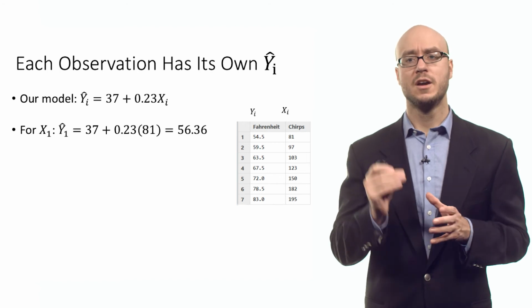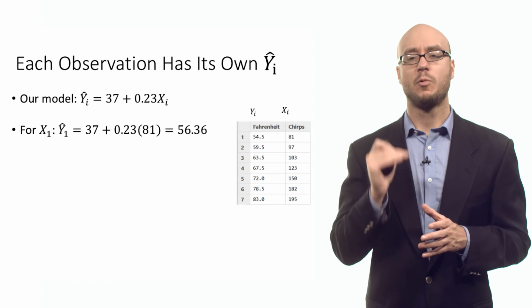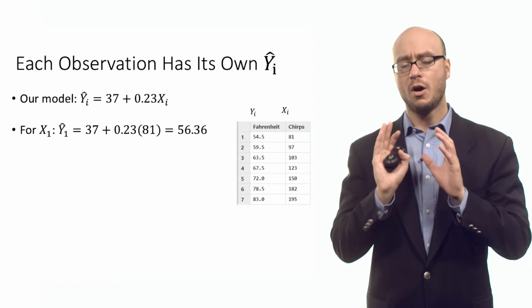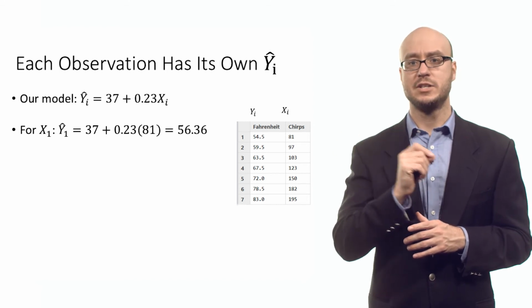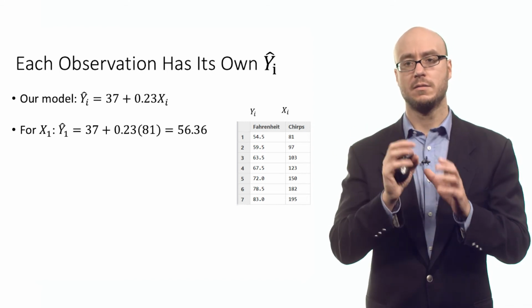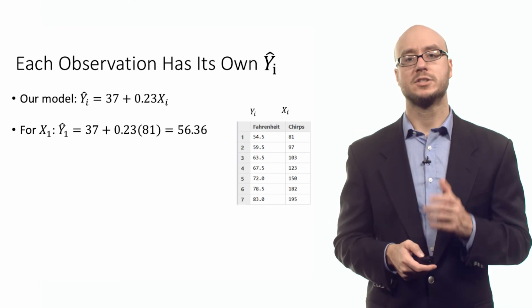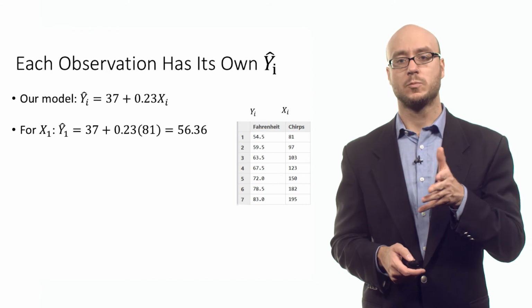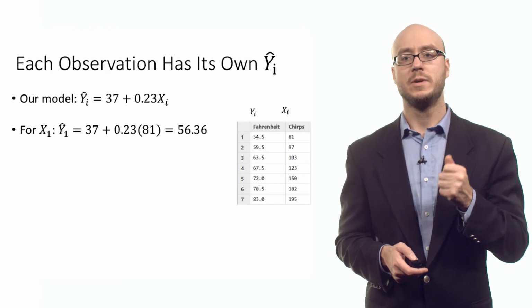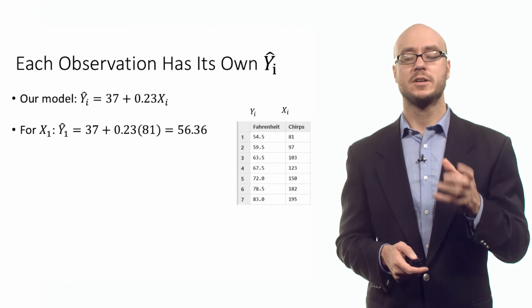Now you can notice for each row of this data set, we have a different y hat, a different predicted value. All that's telling us is that each point has its own location on that line. So when i equals 1 for x, we have a value of 56.36 degrees Fahrenheit.